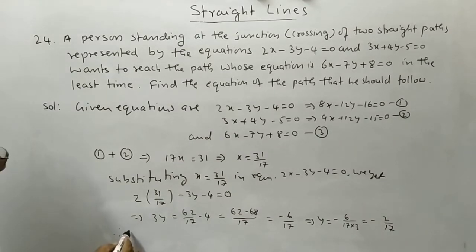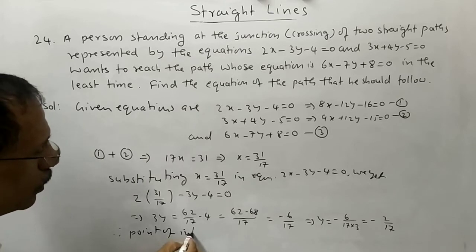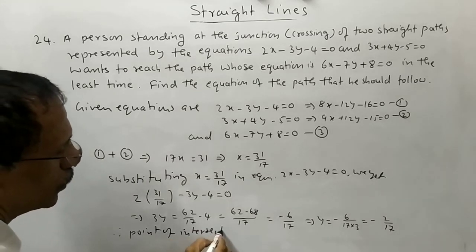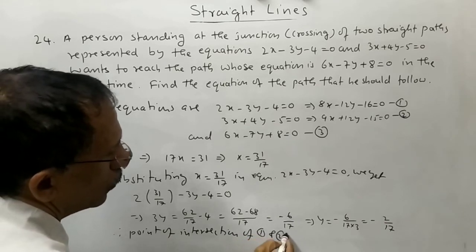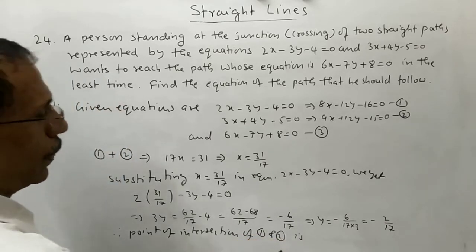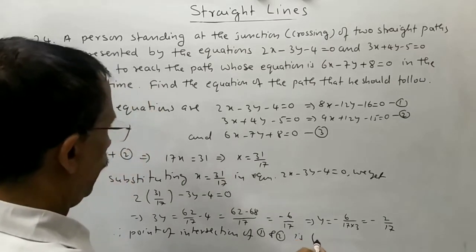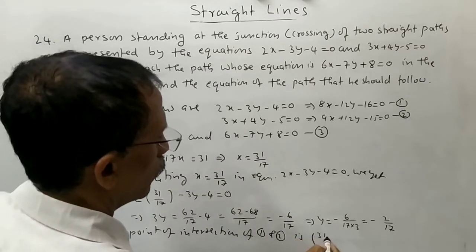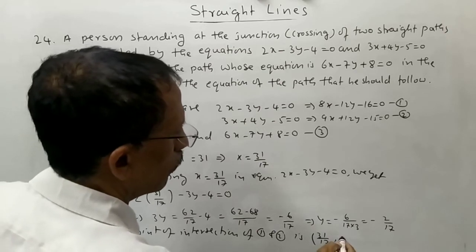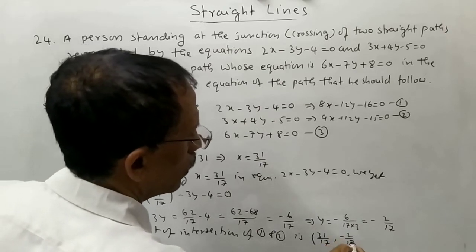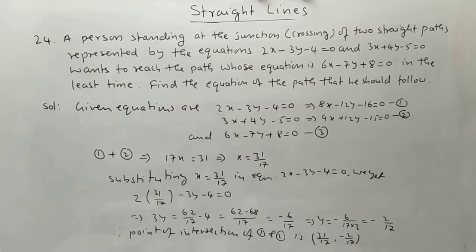Therefore, the point of intersection of 1 and 2 is the point with coordinates 31 divided by 17, minus 2 divided by 17.